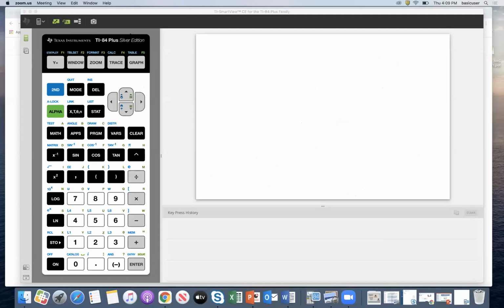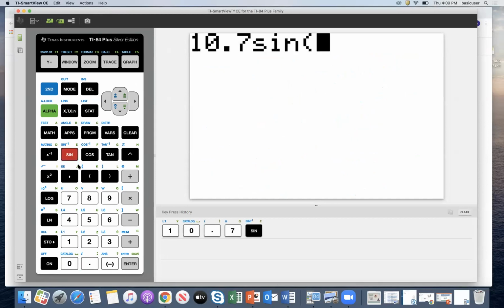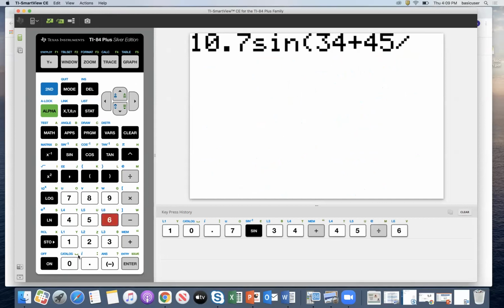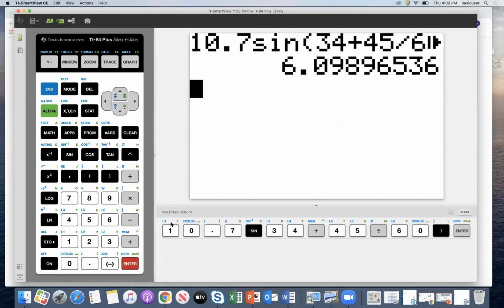So hopefully you're seeing my calculator pop up, and then I'm just going to type that in, make sure I'm in degree mode, 10.7 sine, and I'm going to put that in as 34 plus 45 over 60. Remember our trick we used from a previous section with dealing with minutes. And this is 6.09, but that 8 rounds that 9 up to a 10.